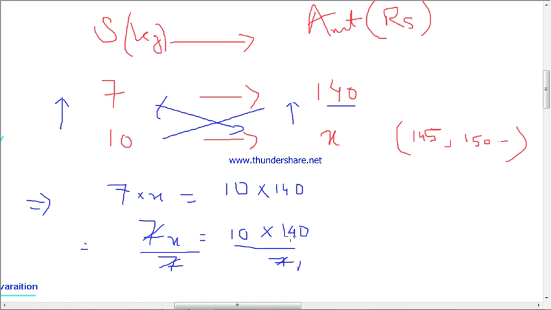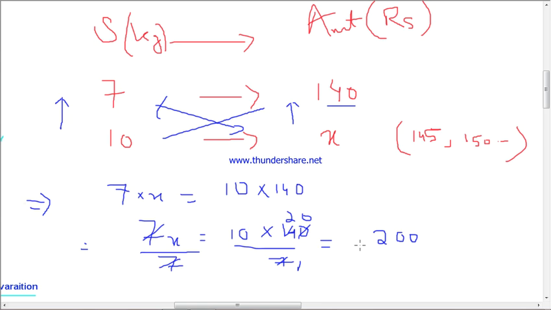7 into 2 is 14, and then 7 into 0 is 0. So therefore you will get the value of x equals 200.